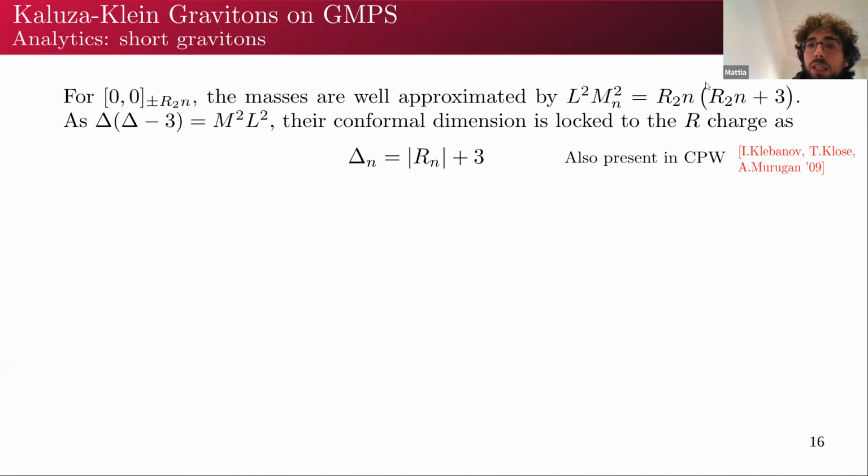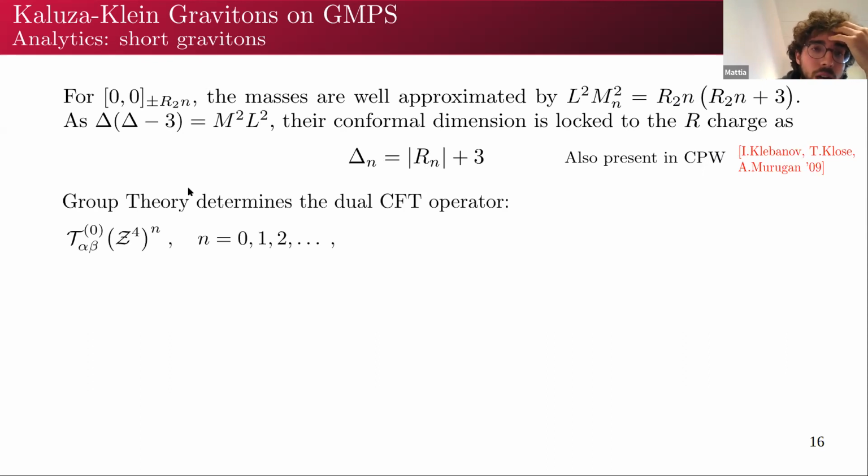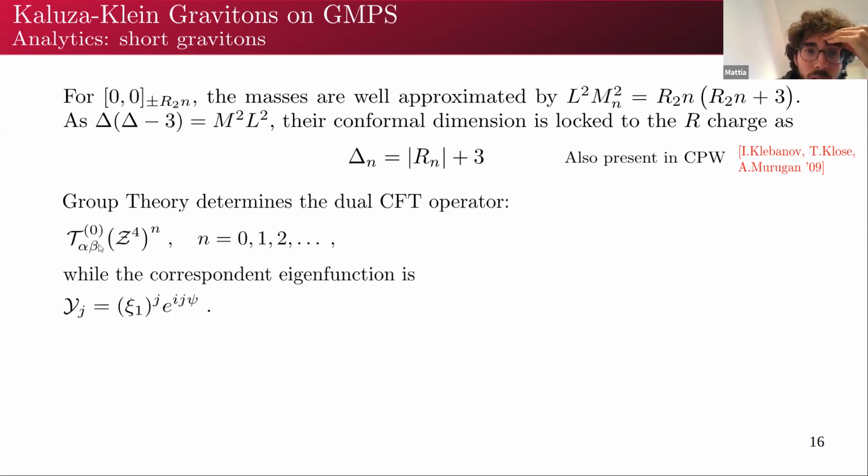And we saw that the masses are extremely well approximated by this formula. Therefore, by employing the relation between conformal dimensions and masses, we get a relation between the conformal dimension of these states and the R charge of these states, where R_n here is just R_2n. So there is a tower of short protected gravitons, also present in a similar analysis performed by these guys on the CPW solution. And as I was saying before, we know the group theory operator.